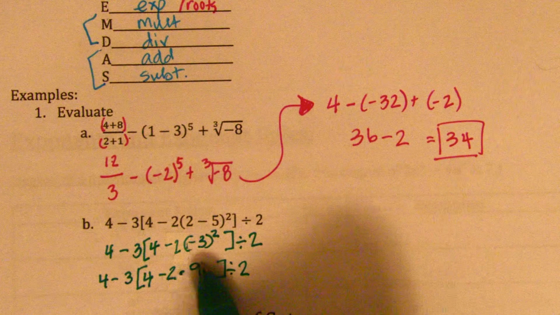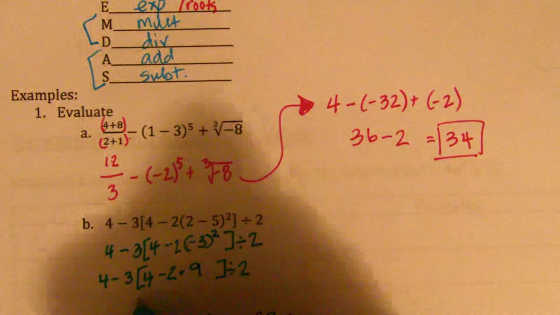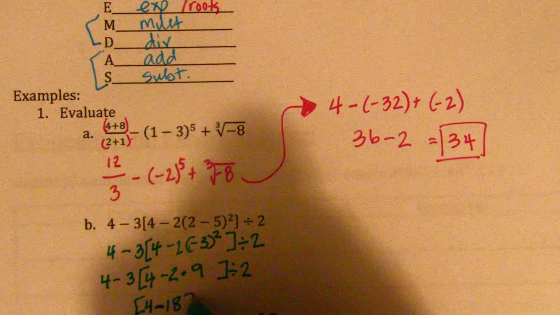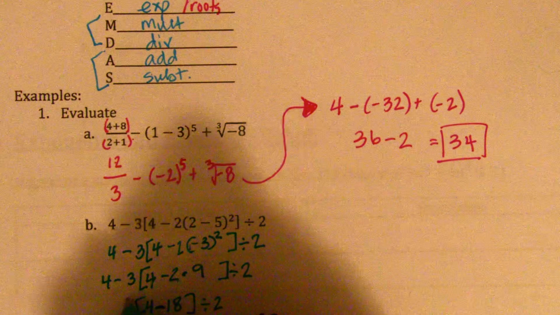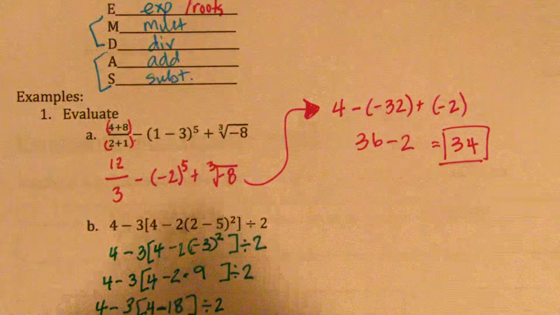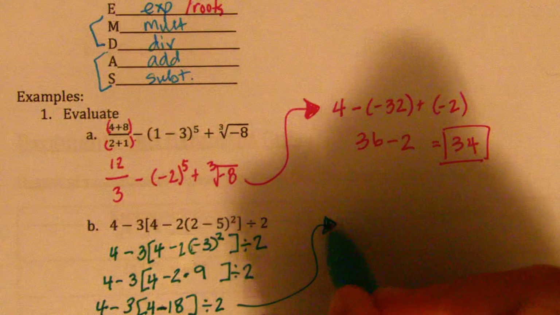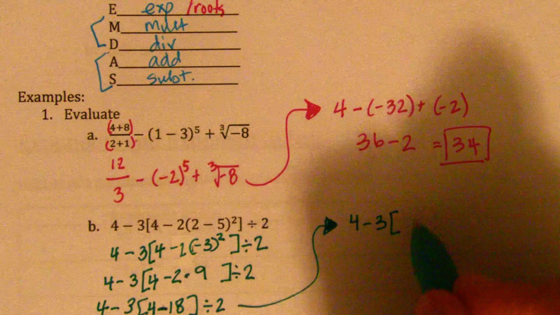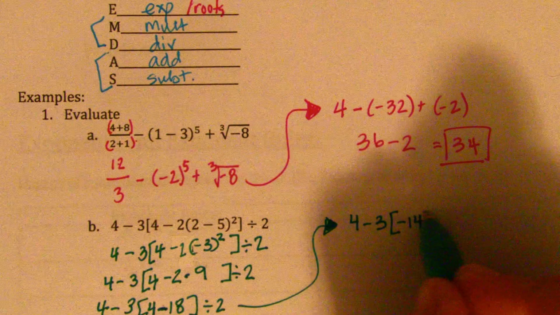So what I have here is 4 minus 18, and 4 minus 18 is negative 14. So 4 minus 3 brackets, and I just have negative 14 inside there, divided by 2.